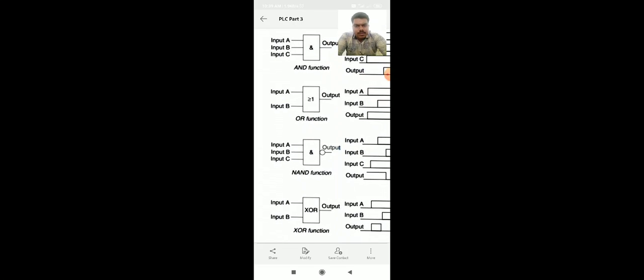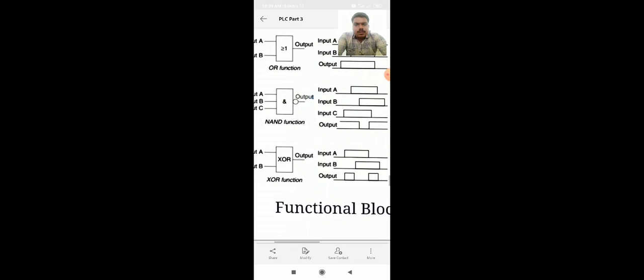Input A and B is given, output is taken. These are the pulses. NAND function is there. So these are some functional block programming.